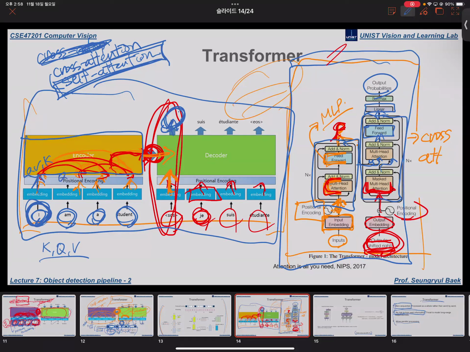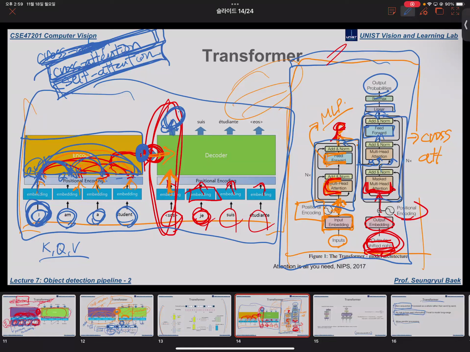And also here, we will get the key query value and so on. And then we will densely calculate their relationship by multiplying query and key between the inputs, and finally multiply the value feature, and we get the final features here. And the next thing we have to understand is the cross attention mechanism.